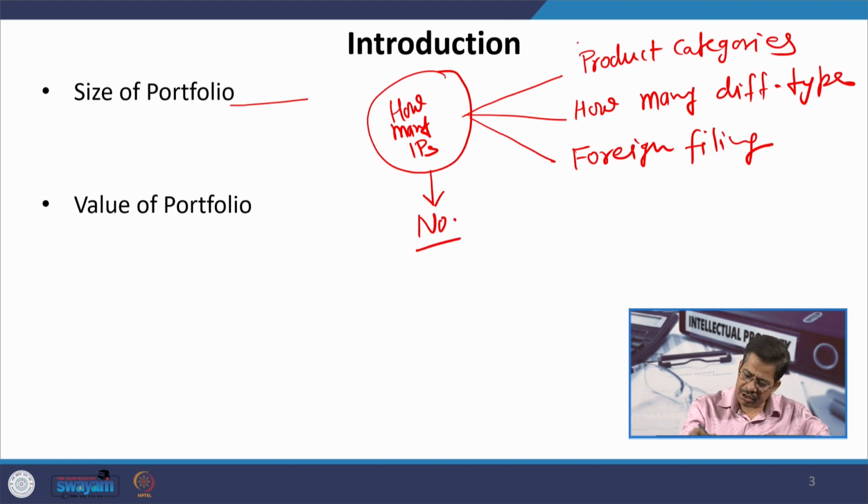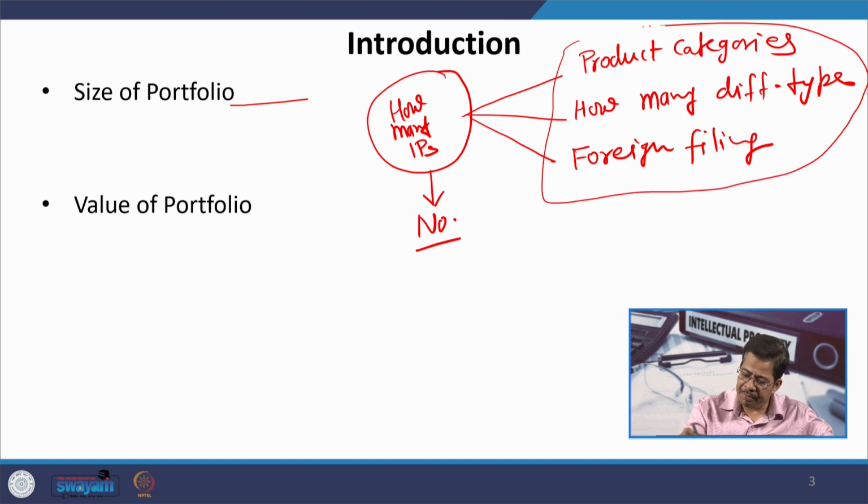Even if you are not looking to go for a deeper meaning of size of your IP portfolio, the simplest way to understand it is the number of IPs in your portfolio. So, that is the size we generally talk about.